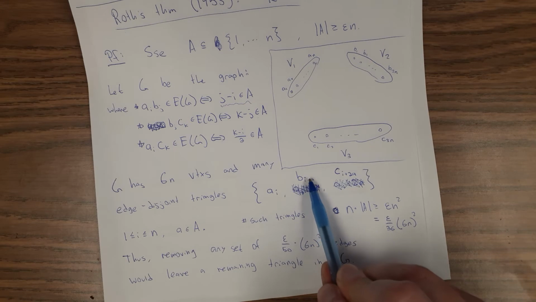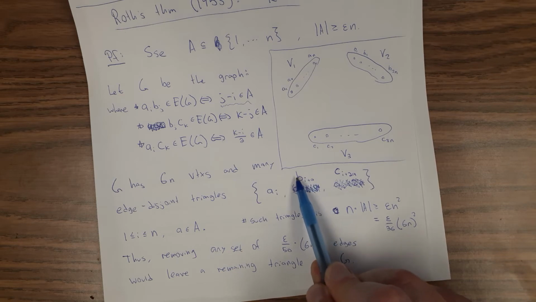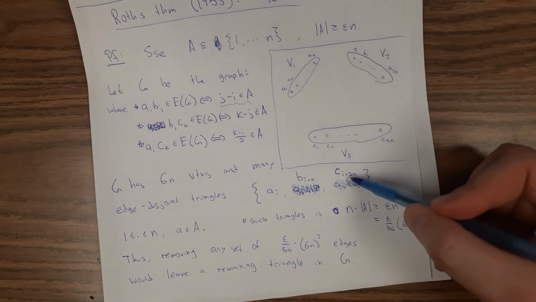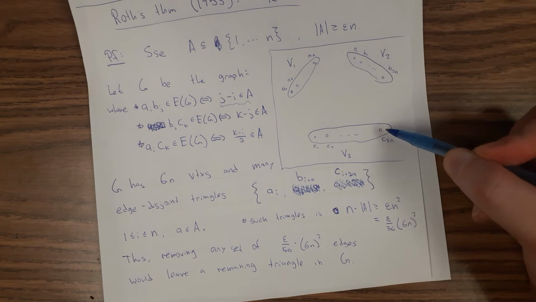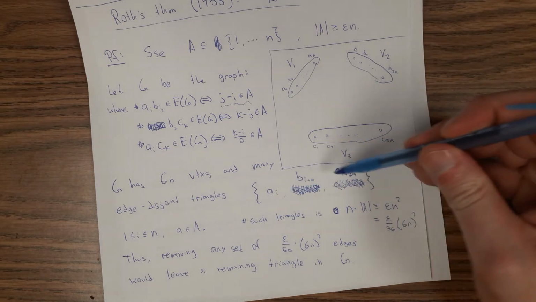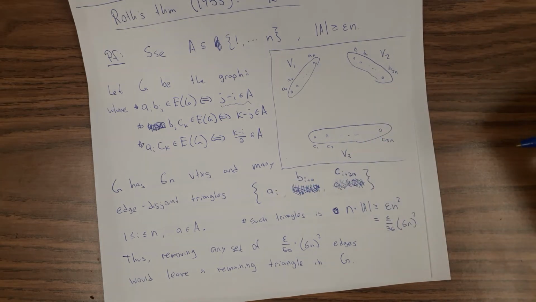If I is as big as n and a could also be as big as n, then I needed this to make sense in order to have b with a subscript that large. That's why the b's go up to 2n, and similarly, this is why the c's go up to 3n, because this subscript might be as big as 3n. So what I just wrote down does make sense.